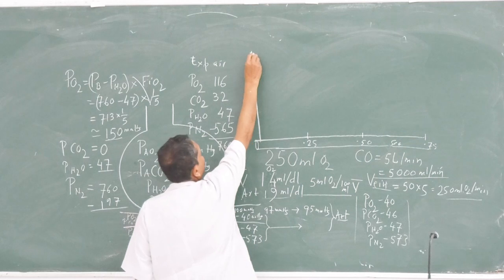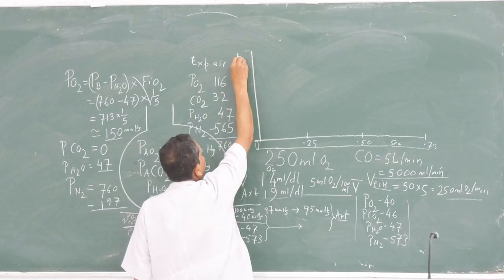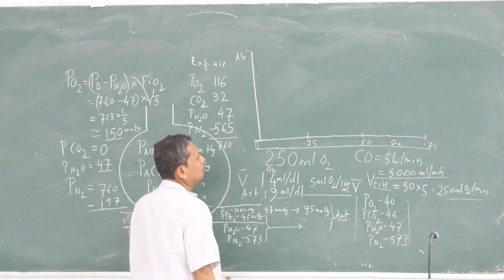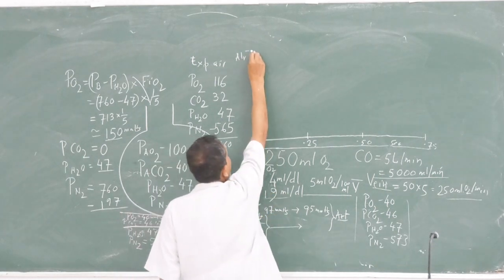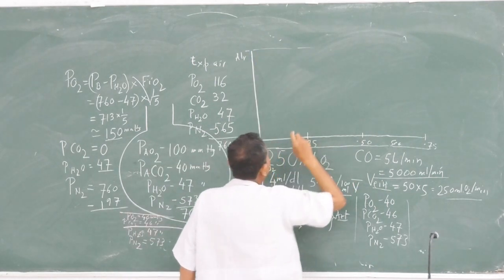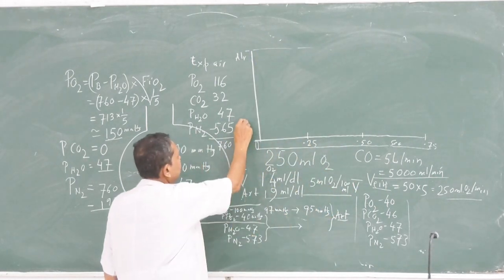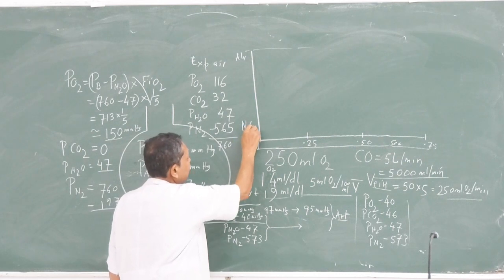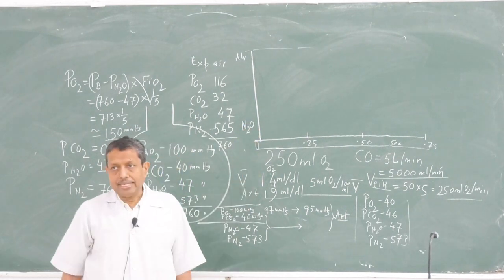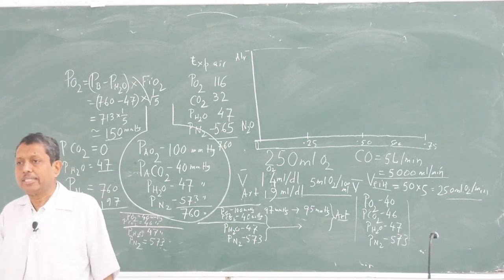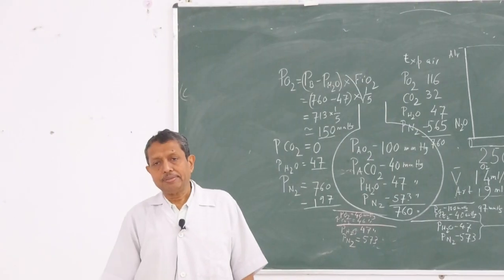And it is the alveolar partial pressure of any gas at this level. Suppose you take the case of N2O, nitrous oxide. Nitrous oxide is normally not present within our body.